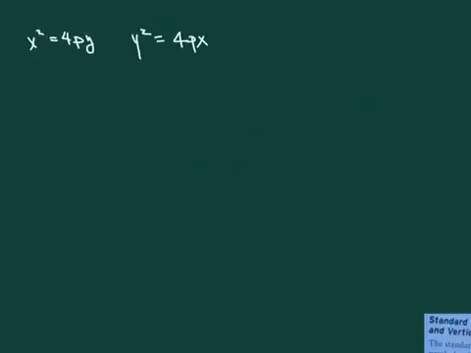Okay. So let's look at example 2. Now there's my two formulas there. It says find an equation of the parabola. So we're going to look for an equation in one of those two forms, with the vertex at 0, 0, so at the origin, and the focus at 5, 0.